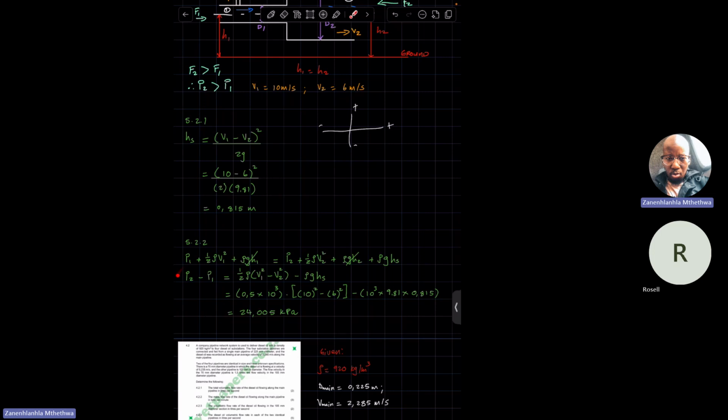It's just much easier to use this variation. Otherwise, you can use any variation of Bernoulli's that you are comfortable with.